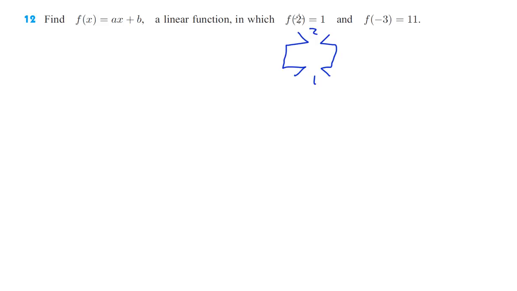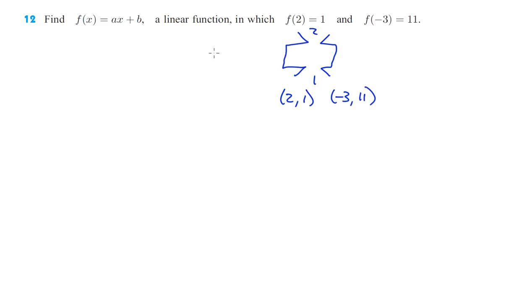So 2 is our input and 1 is our output. So 2 is our x and 1 is our y. So really this is a coordinate: 2 goes in and out comes 1. Same thing here. The coordinate for that one is negative 3 goes in for the x, and out of that comes 11. So you have 2 points.